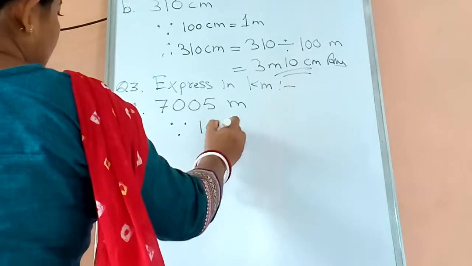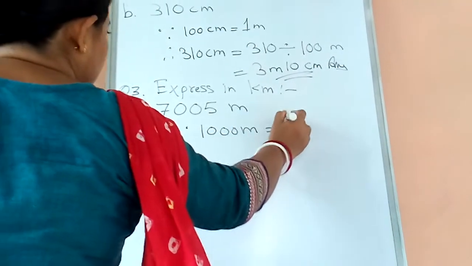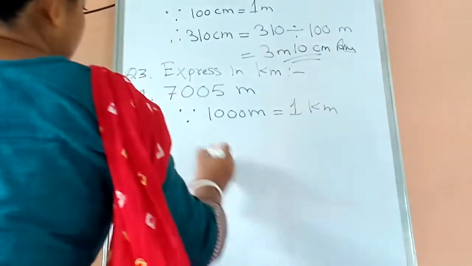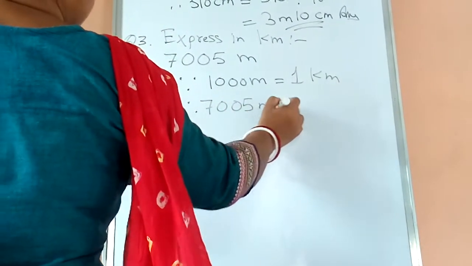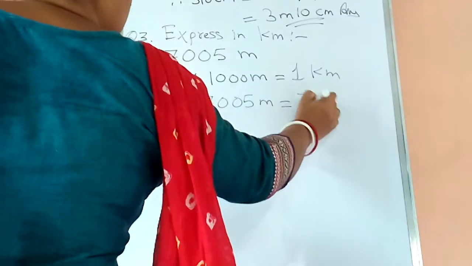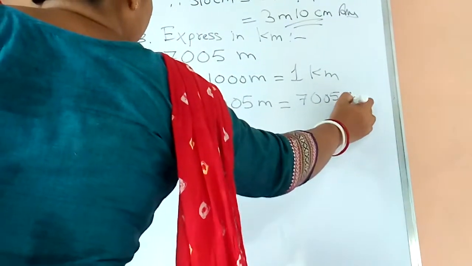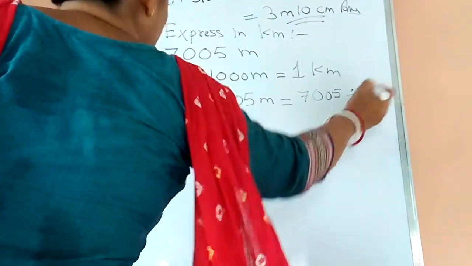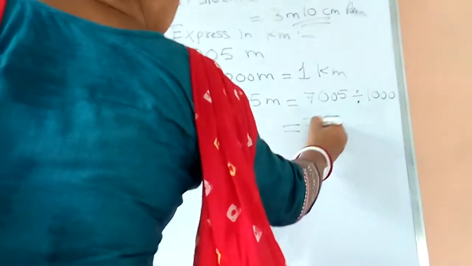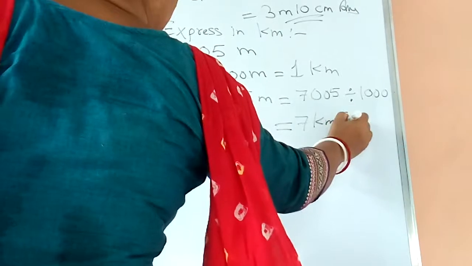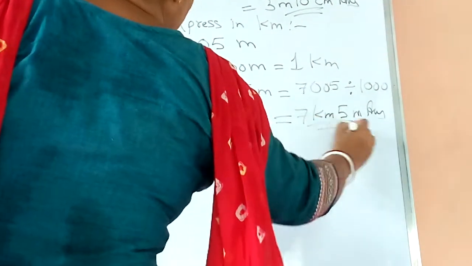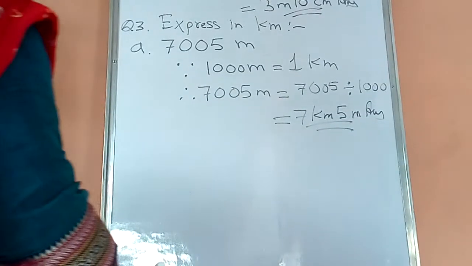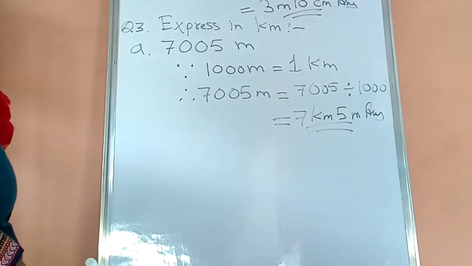Since 1000 meter is equal to 1 kilometer, therefore 7005 meter is equal to 7005 divided by 1000. This will be 7 kilometer and 5 meter. This division, if you are not able to do, you will do in the rough and then write the answer.